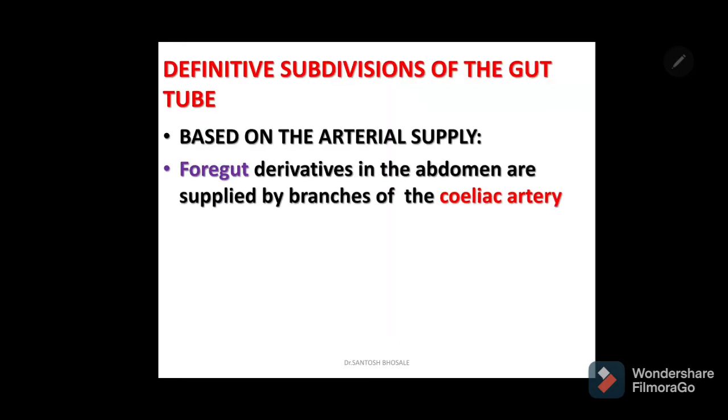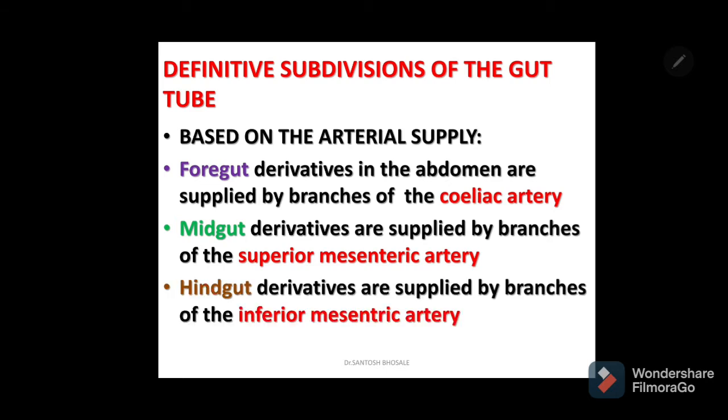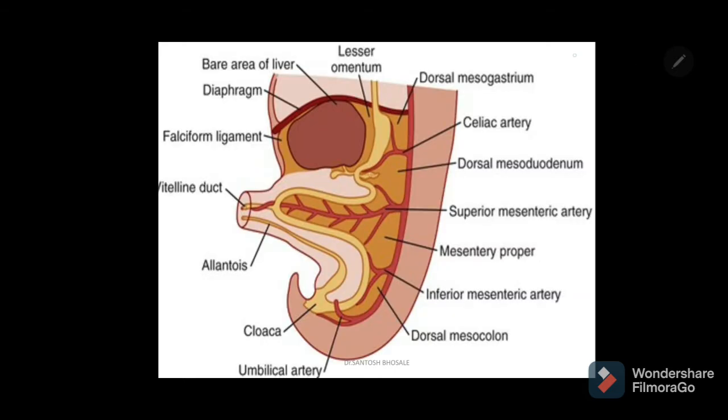So based on their blood supply, the primitive gut tube, which is now the definitive gut tube, is divided into three parts: foregut, which is supplied by the celiac artery; midgut derivatives, supplied by the superior mesenteric artery; and hindgut derivatives, supplied by the inferior mesenteric artery.